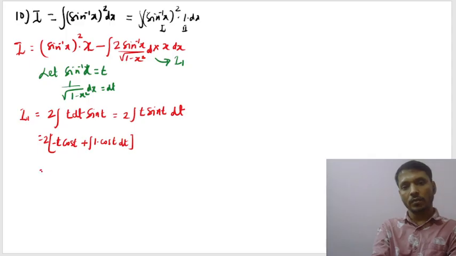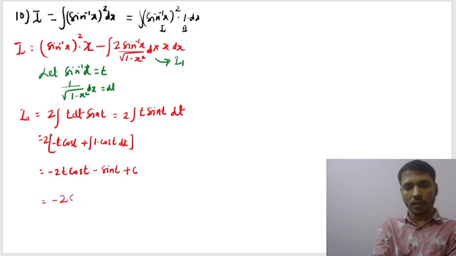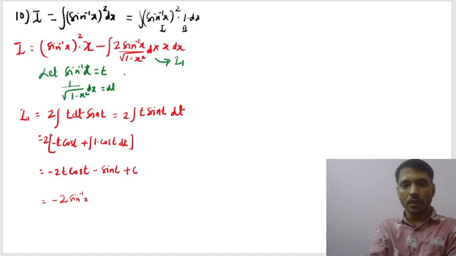Right? That means here we are getting minus 2t cos t, and the integration of cos is sine t, plus c. So t is sine inverse x. Since x is equal to sine t, what is cos t?